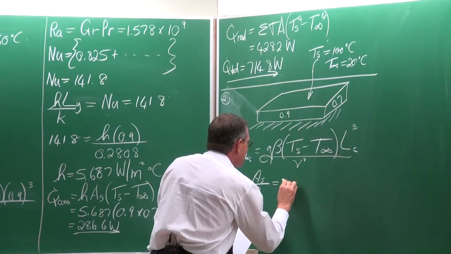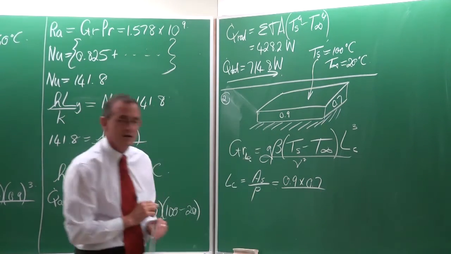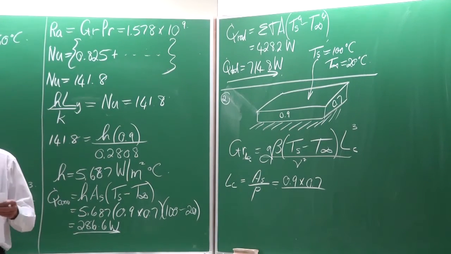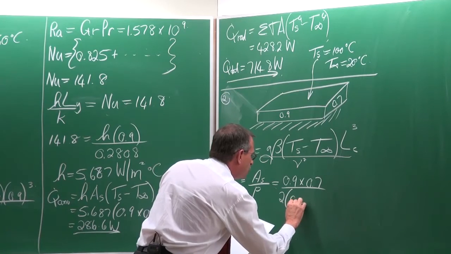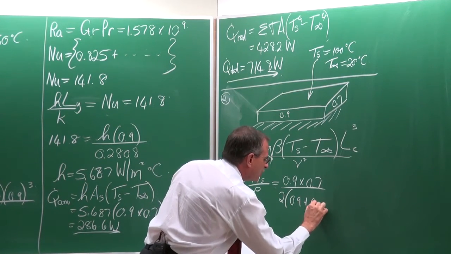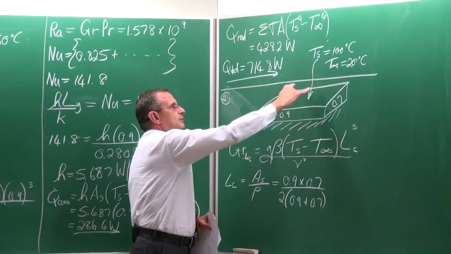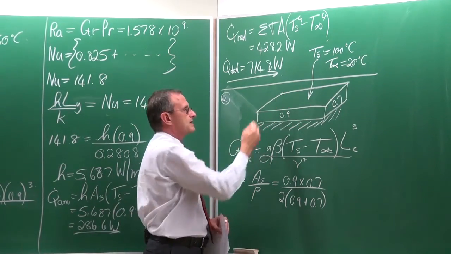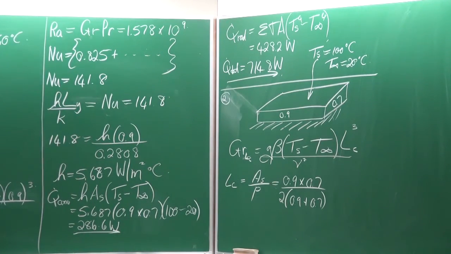And the surface area would be equal to 0.9 multiplied by 0.7, divided by 0.9 plus 0.7. Okay? So it's 0.9 plus 0.9, 0.7 plus 0.7, so two times of each. Just the perimeter of a flat plate.